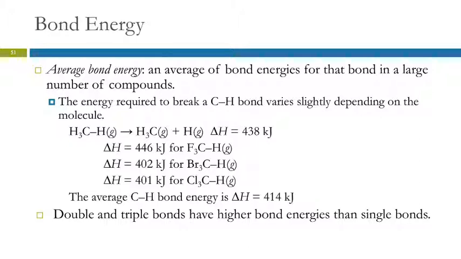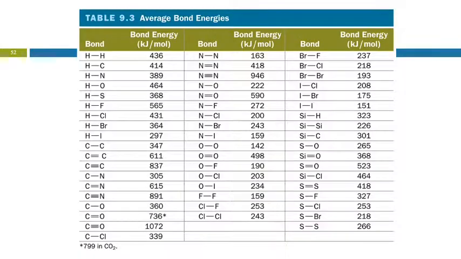As you can imagine, a double bond is going to be stronger than a single bond, and a triple bond is going to be stronger than a double bond, and so those will have even higher energies than the single bonds. So this is a table from chapter 9 of your textbook, and there's also a more expanded version in the appendix in the back.